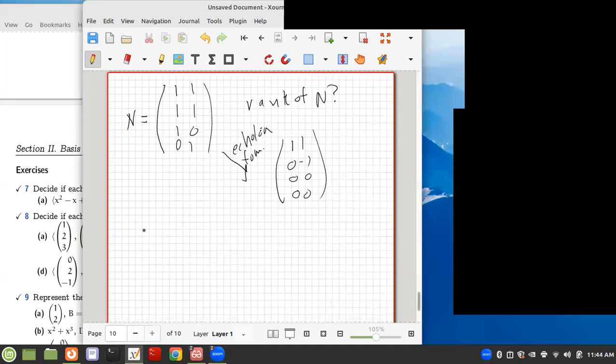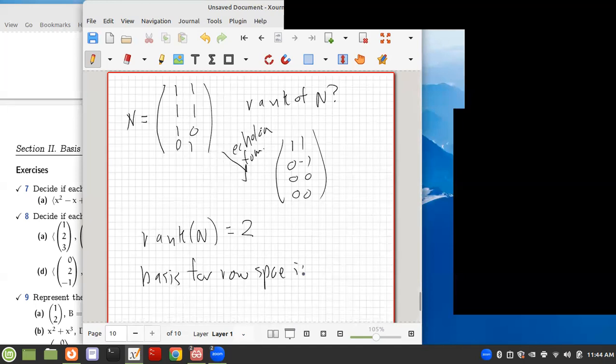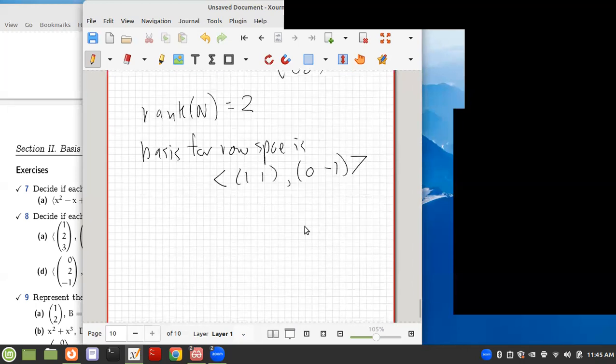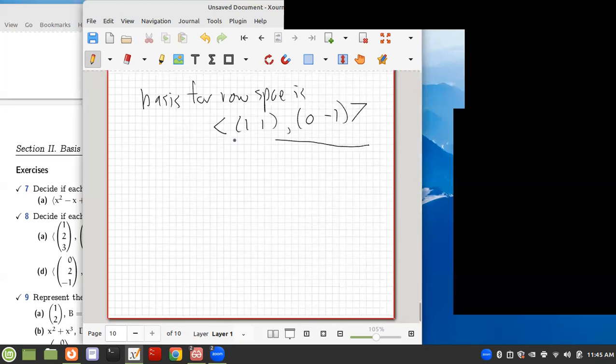So therefore, the rank of N equals 2, because 1, 1, 0, minus 1 would be a basis for the row space. Okay, so maybe there's another example.